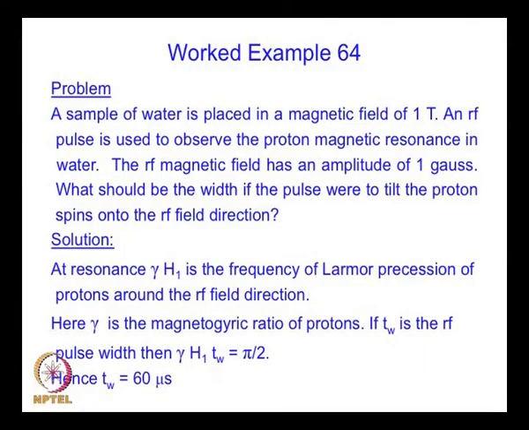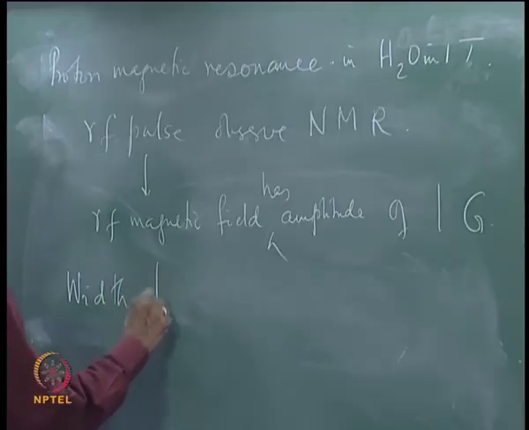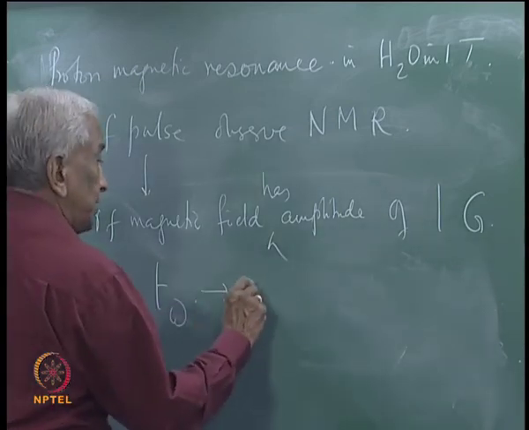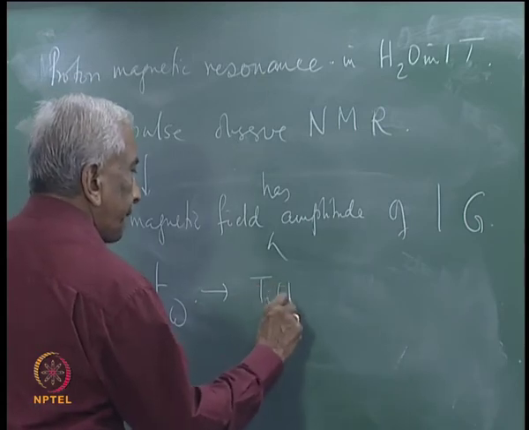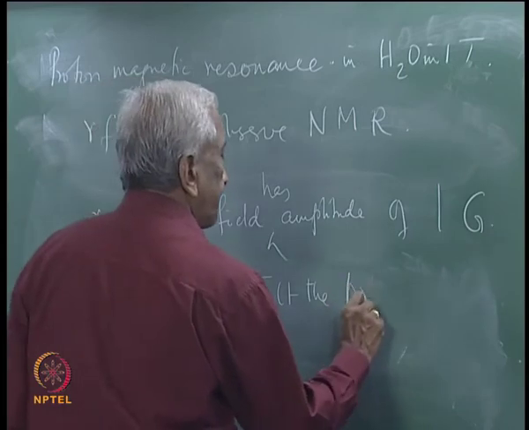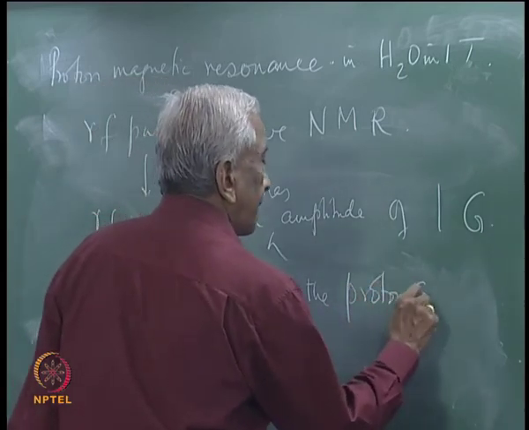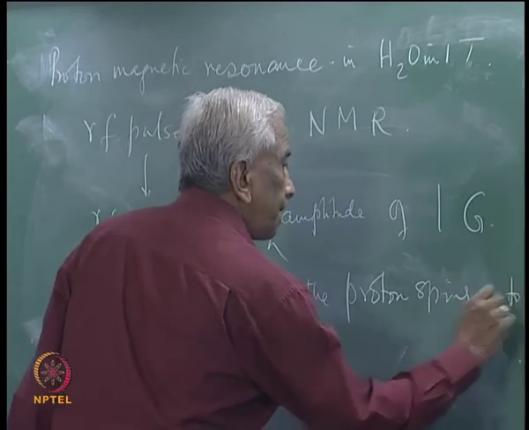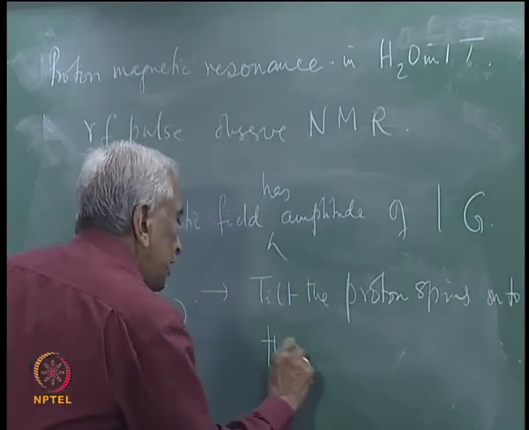We are asked to find the width of the RF pulse needed for this pulse to tilt the proton spins onto the RF field direction.